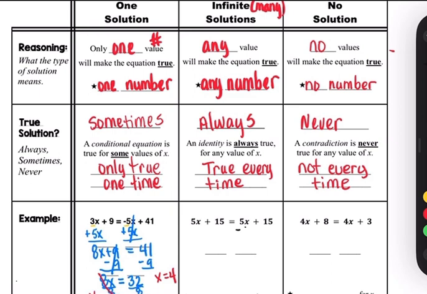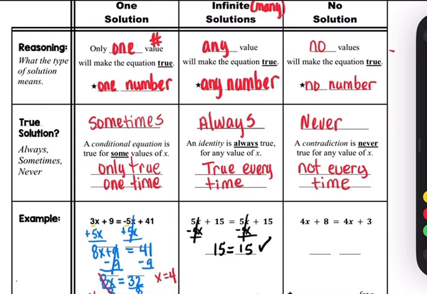But there's a slight difference. In this case, the constants are the same. So when we subtract 5x on both sides, that's going to cancel and leave us with a true equation. It's going to leave us with 15 equals 15, which checks correct.